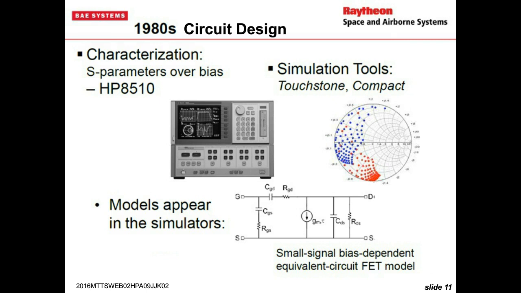Up until that point, laboratories and large companies would write their own design software, and their engineers would use that to do designs. So this was really the nexus of the next way of doing power amplifier design in the 80s, but we still didn't have nonlinear analysis.